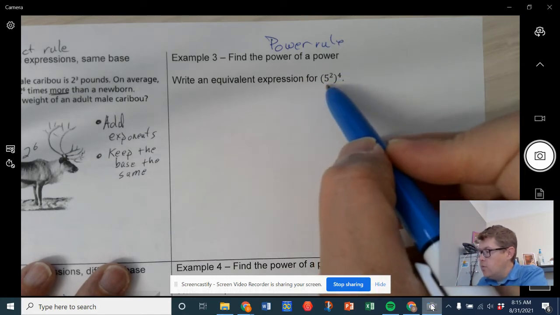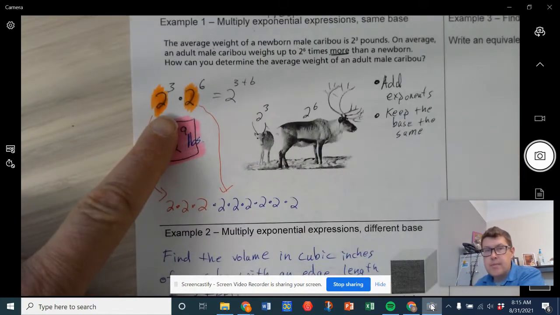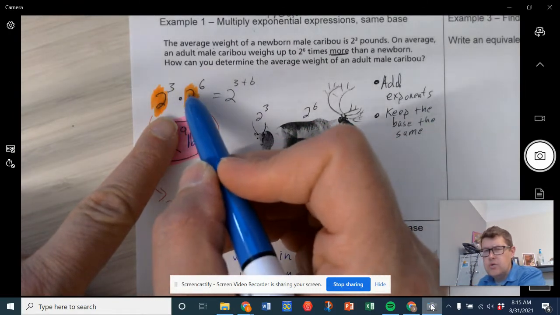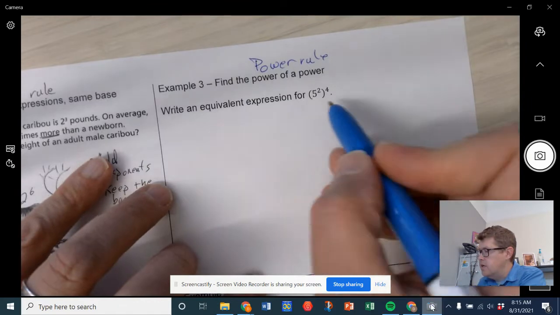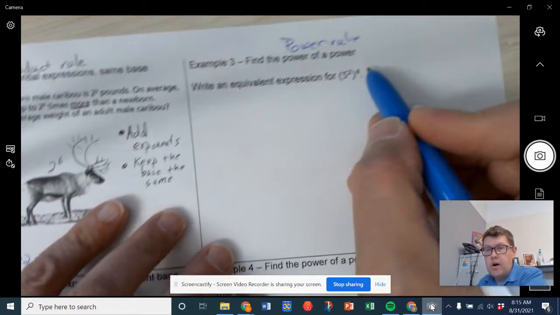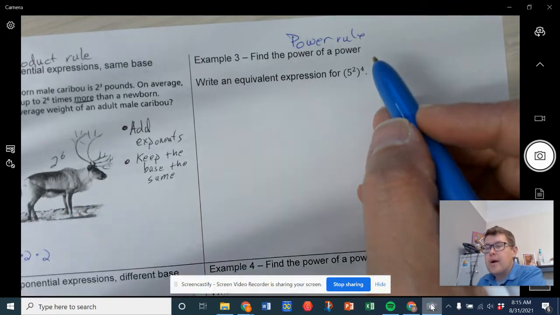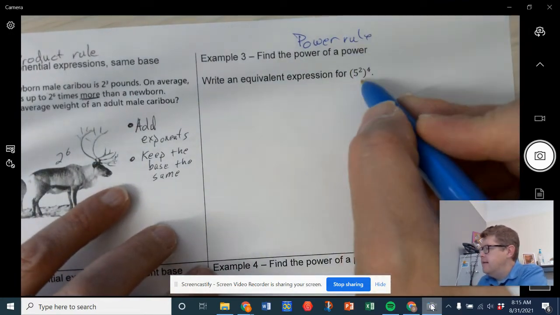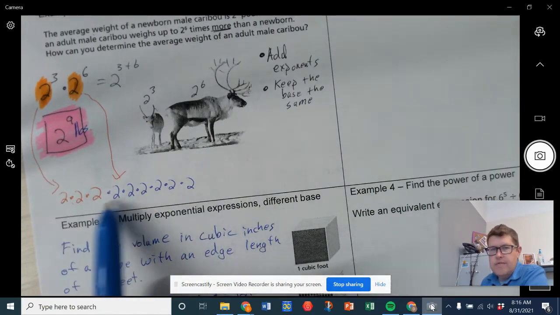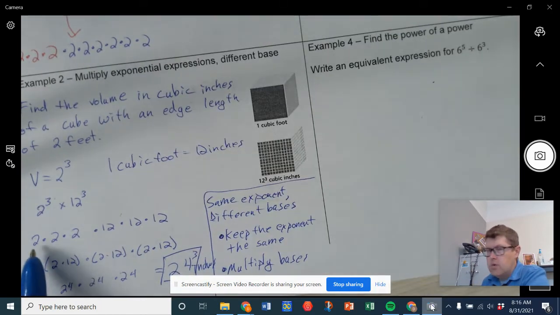And we can see what's different, hopefully, between this first example where we have 2 cubed times 2 to the 6. There are two bases right here, but this one only has 1 base, right? So we're taking 5 squared to the power of 4, not times the power of 4. So I'm going to expand this out, which is called expanded form, like this, or like this.